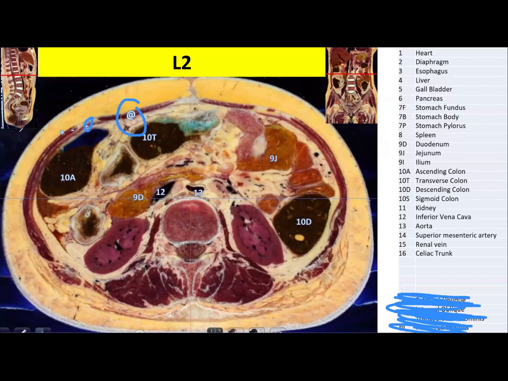What's this muscle? Transverse. Then this one and this one is easy, okay? So it's really easy to know the muscles. Let me clear the drawings.